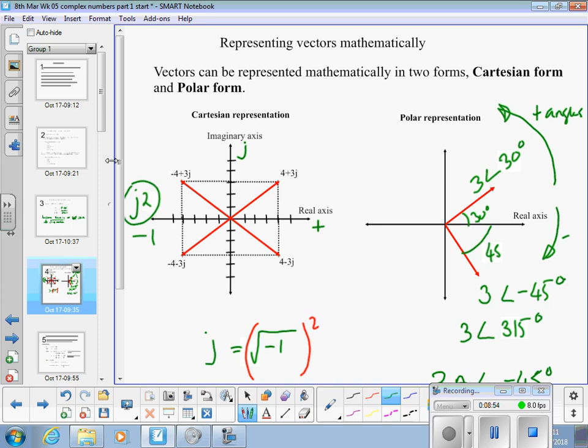This here is j to the power of 3. What could I also write that as?